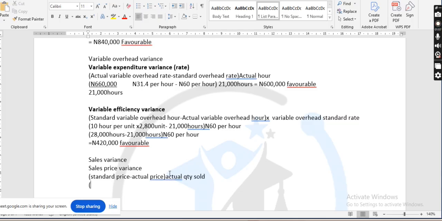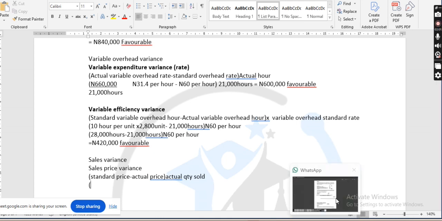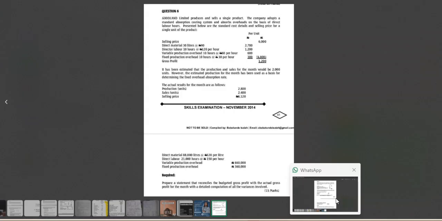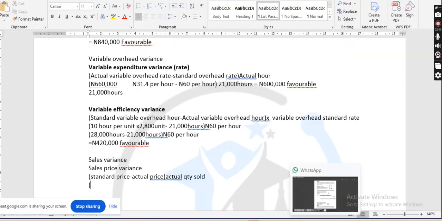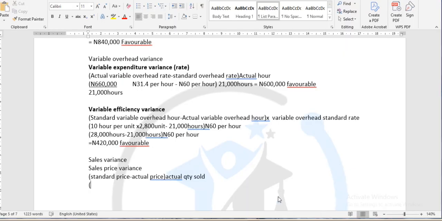Actual quantity sold. So what is the standard price? Standard selling price. Quickly. 6,000.